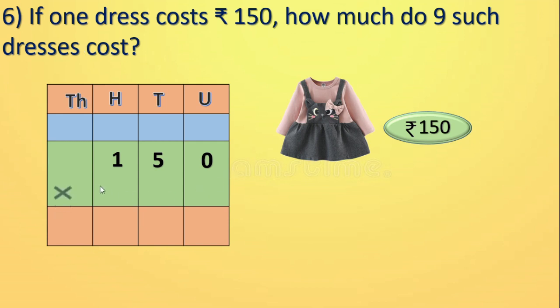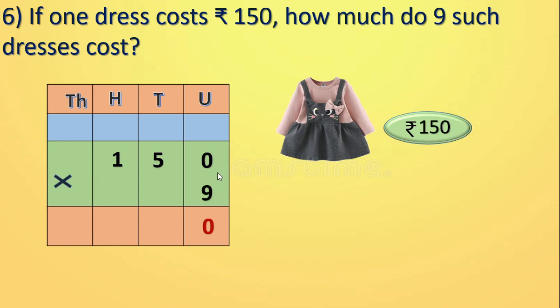Now multiplied by 9. Where to write 9? In hundreds place or tens place or in unit place? Yes, very good. In unit place because that is a single digit. Correct? Now very simple multiplication. 9 into 0, 0.